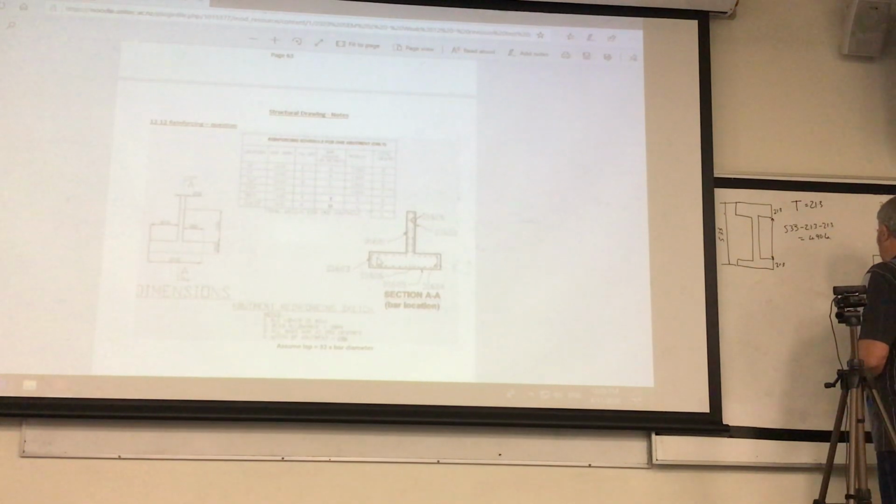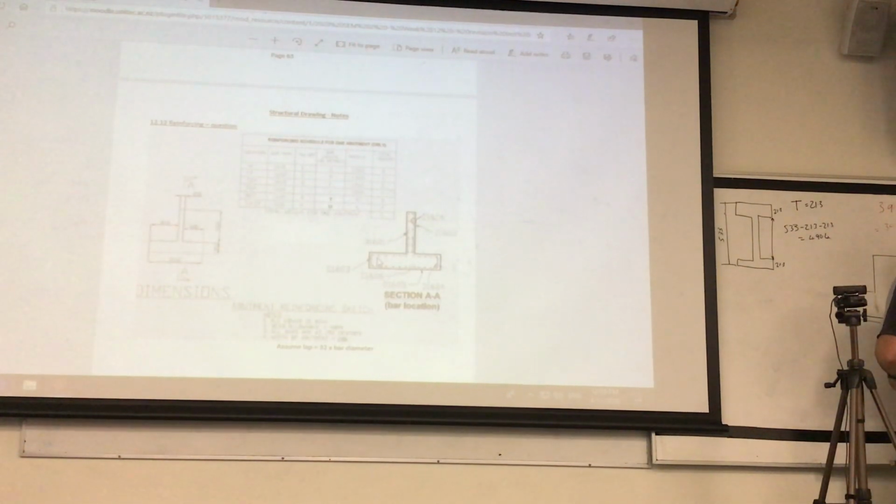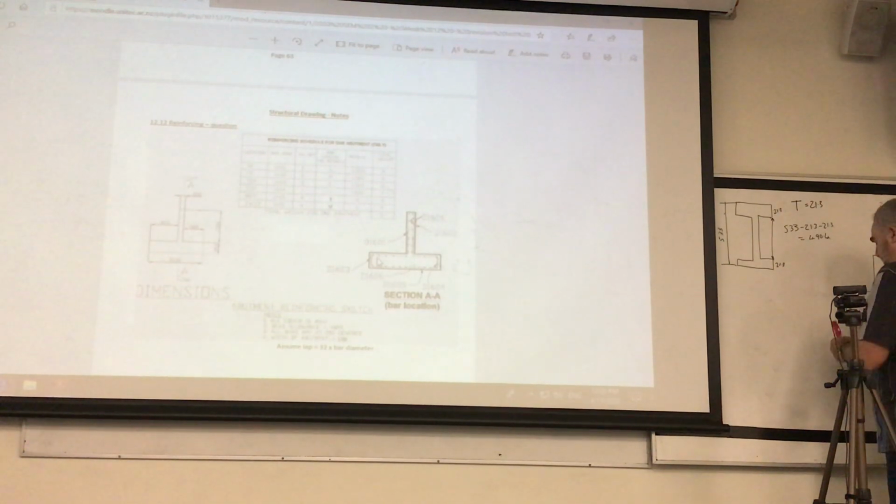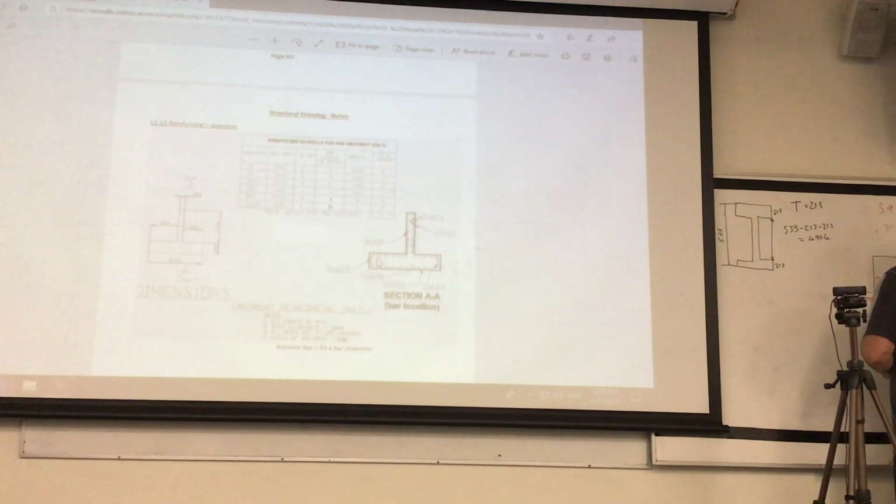So we have a bar that goes like that, and we have another bar that goes like that. Another one that goes like that.